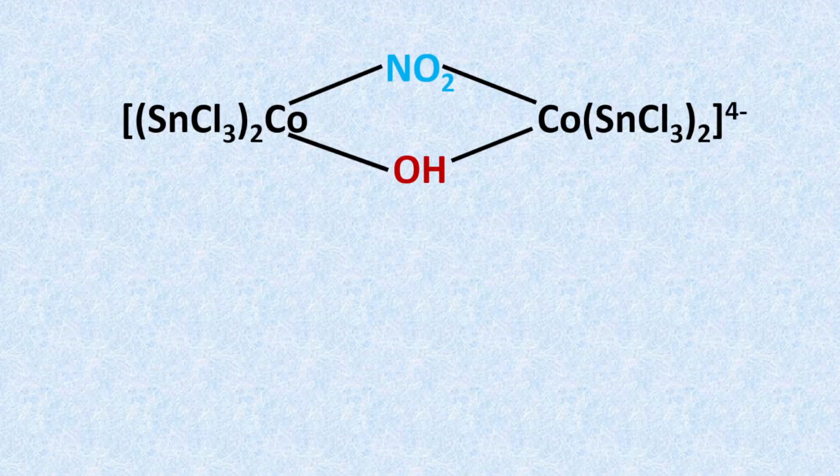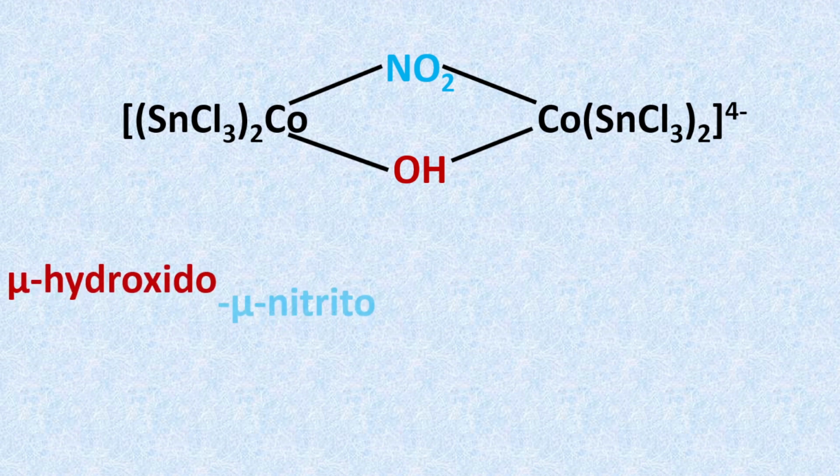This complex also possesses two bridging ligands. So based on the IUPAC rule, mu-hydroxido-mu-nitrito, there are two trichlorostannate ligands on either side of the bridging ligand. The charges on the hydroxido, nitrito and trichlorostannate ligands are -1. All have the same charges.